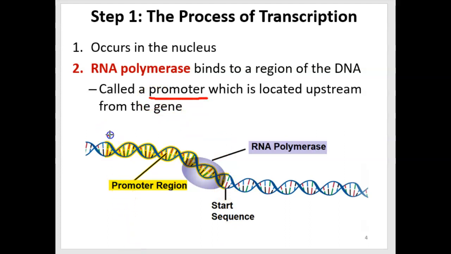The promoter region has a certain sequence of bases that we don't really have to know, but the RNA polymerase moves along the DNA until it reads a start sequence. And once it reads a start sequence, it begins making an RNA copy that's complementary to one side of the DNA.